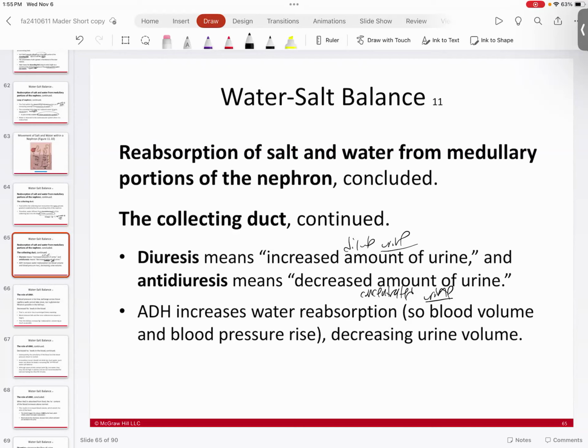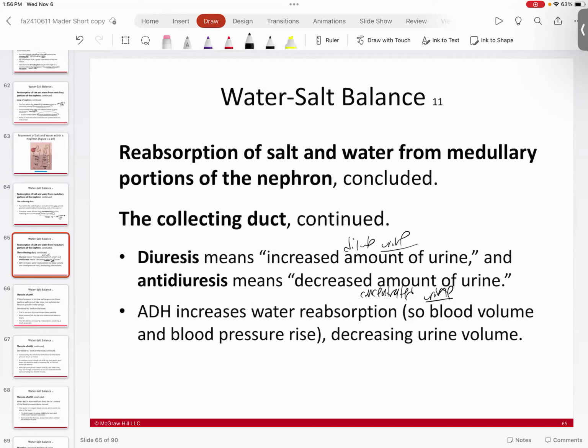So essentially that's facilitating the opposite direction. For instance, caffeine specifically, not coffee in general, is actually a potent diuretic. For coffee drinkers who like to drink lots of coffee, oftentimes you will have to urinate more often, because the caffeine is stimulating diuresis, which means you're increasing the amount of urine.